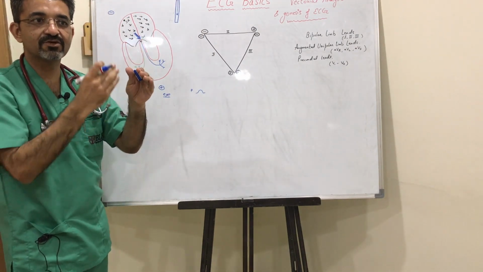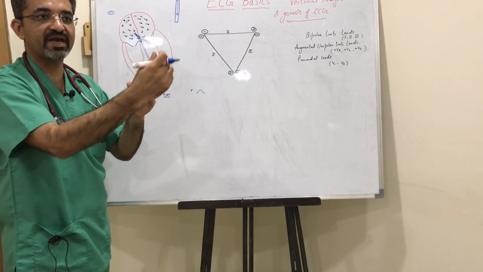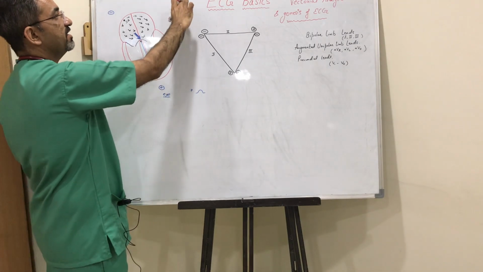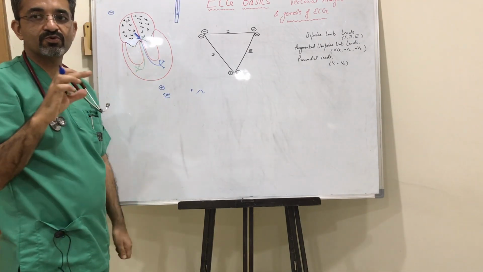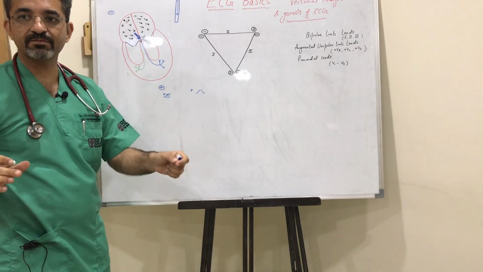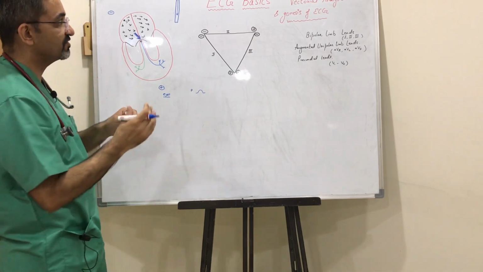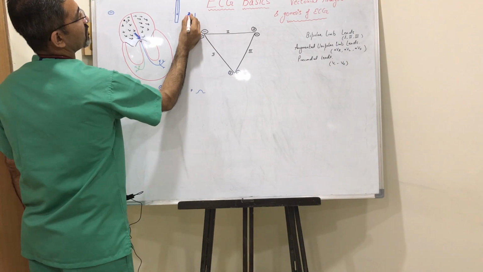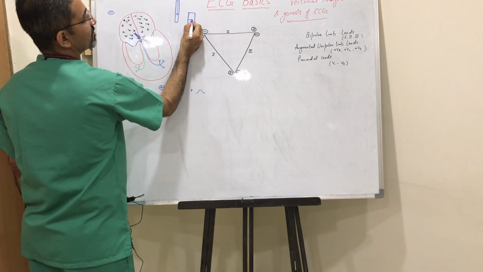It is not from cell to cell in parallel, it is in series. And that is the reason the atrial cells are more prone to develop atrial fibrillation compared to the ventricular cells.